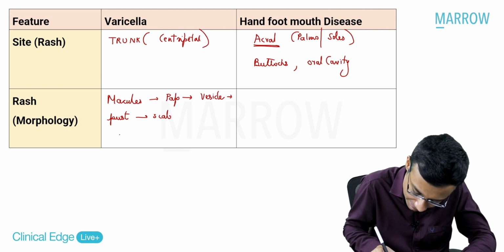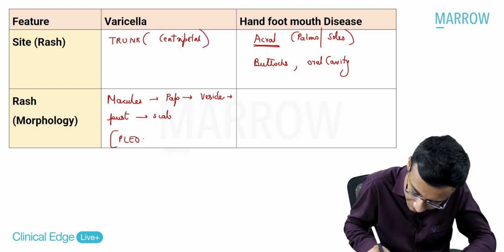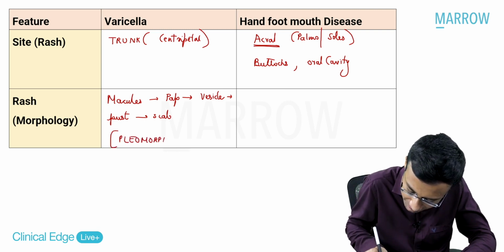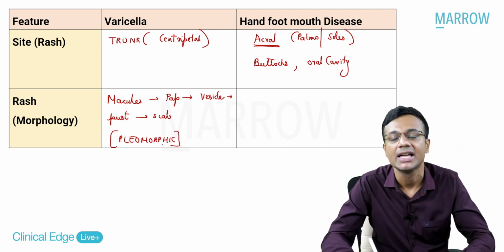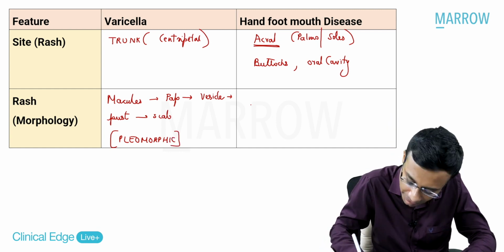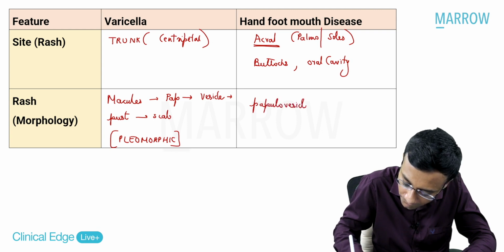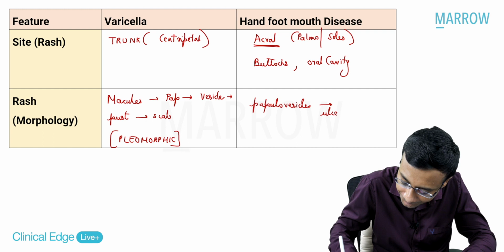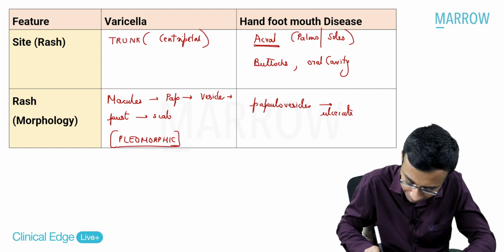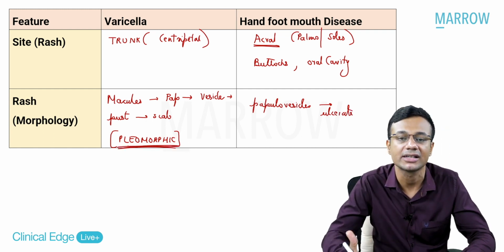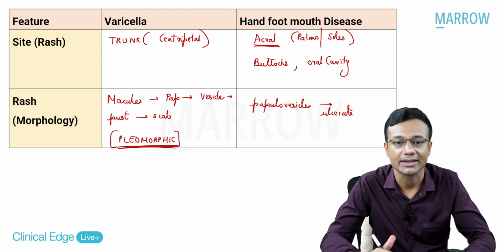This is referred to as a pleomorphic rash. Whereas in hand, foot, mouth disease, generally you have papulovesicles which tend to ulcerate. So this pleomorphic rash is a very characteristic feature which is seen in varicella.